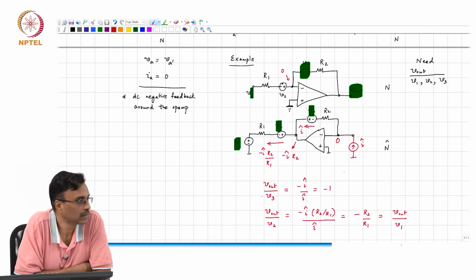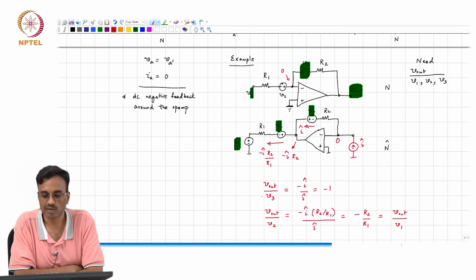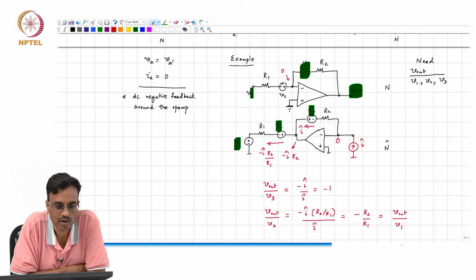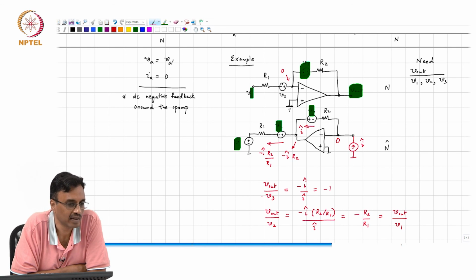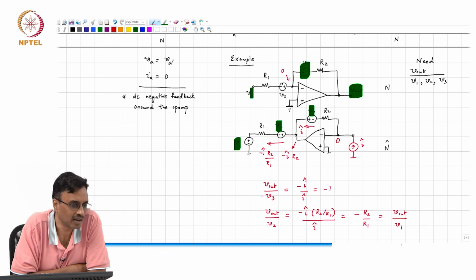Is that clear? To summarize, the concept of inter-reciprocity is a profoundly important one and is routinely used in circuit simulators. How many of you were aware of this before? I can understand the undergrads not seeing this, but even experienced students here haven't seen it.